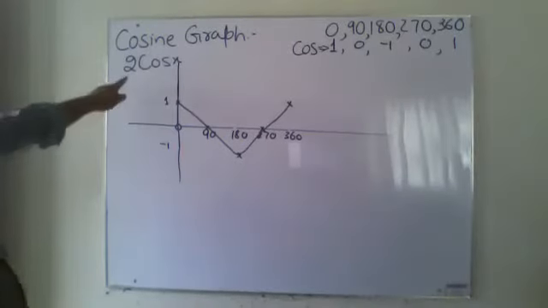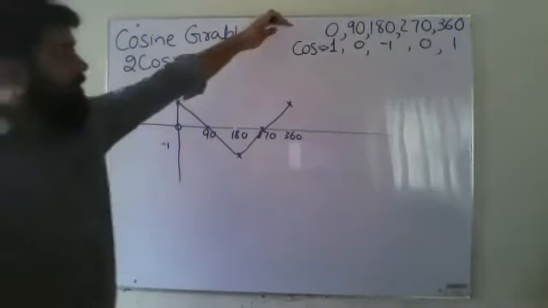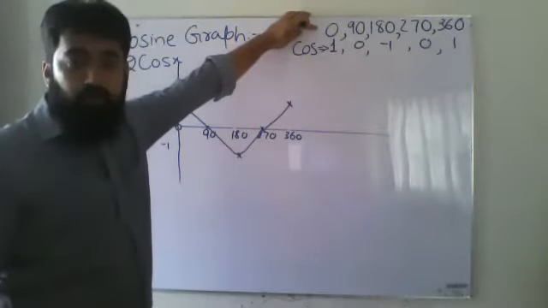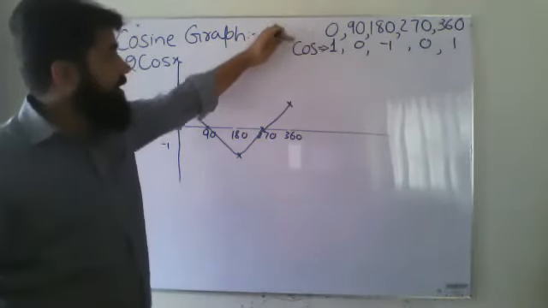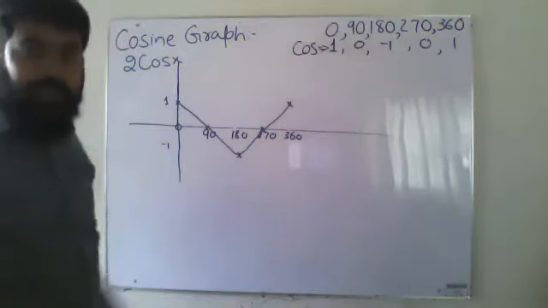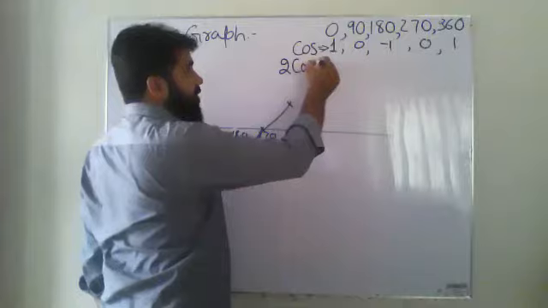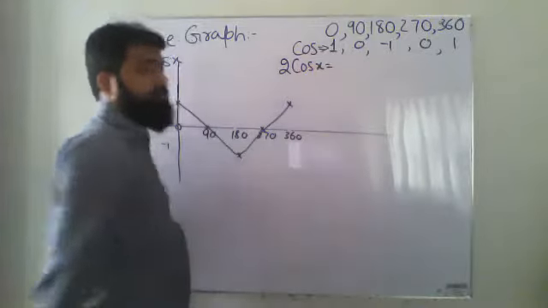Now they are asking us to make a graph of 2 cos x. I've already got the points I'm going to consider, and I've already got their cos values. When they say 2 cos, it means the value of cos multiplied by 2.